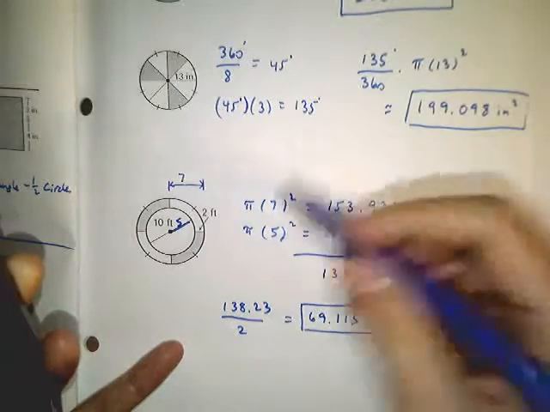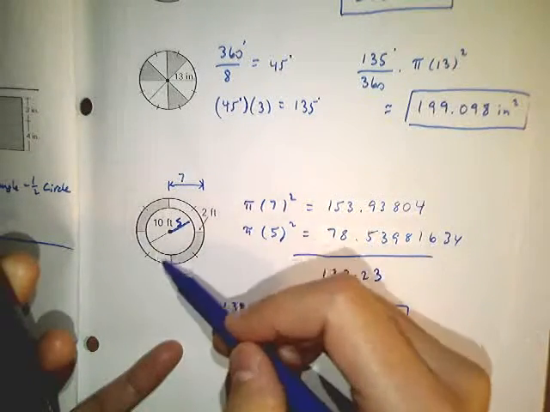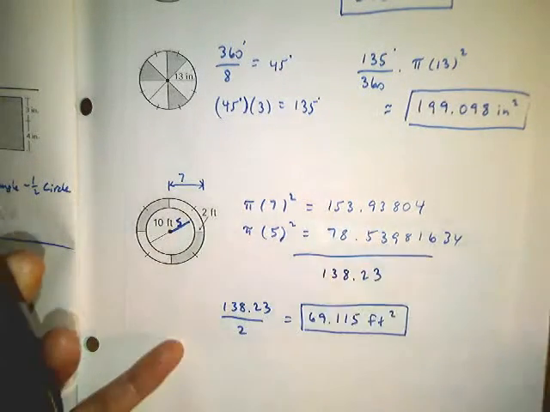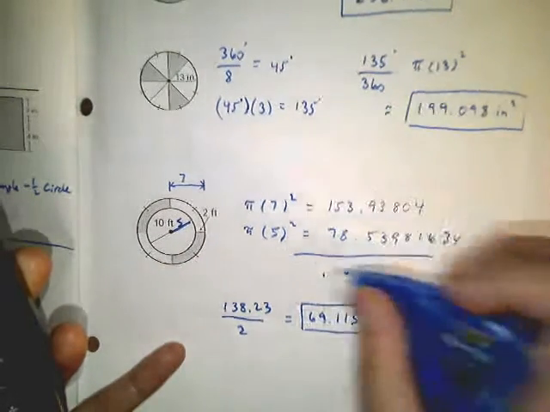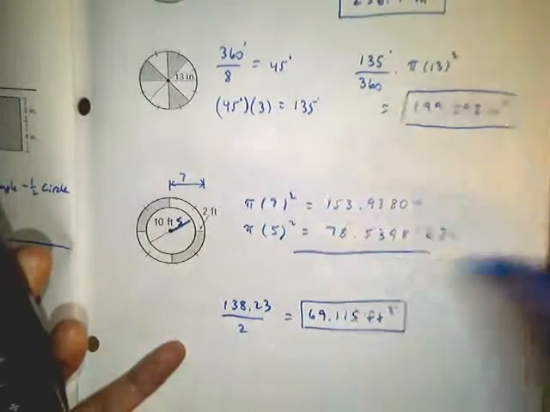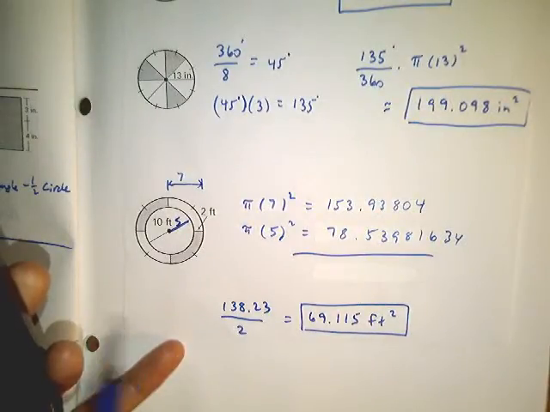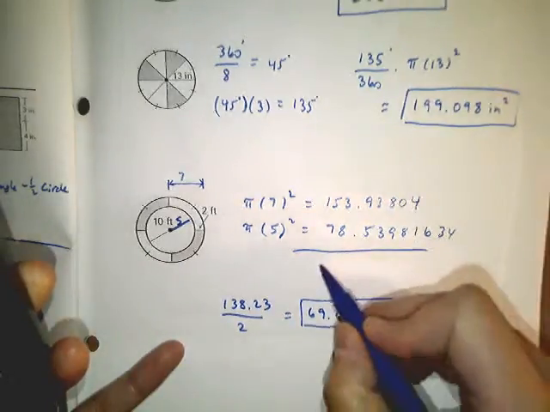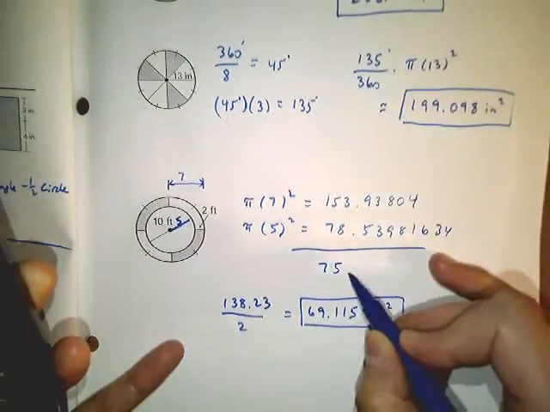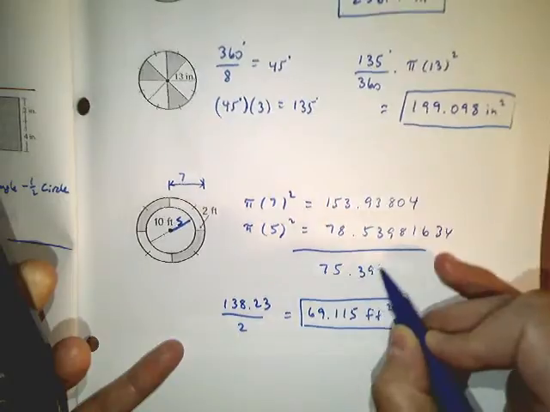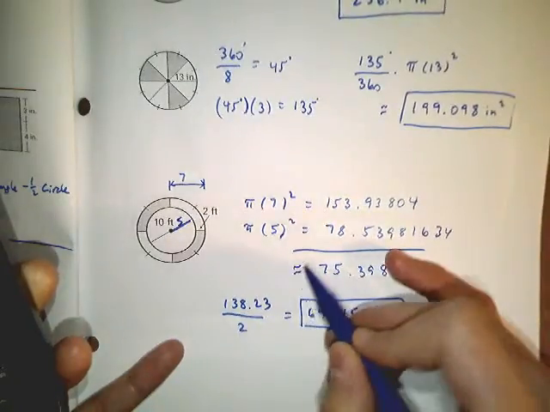And then if I subtract the area of the large circle minus the small circle, 153.93804 minus my other answer, I get 75.398 approximately.